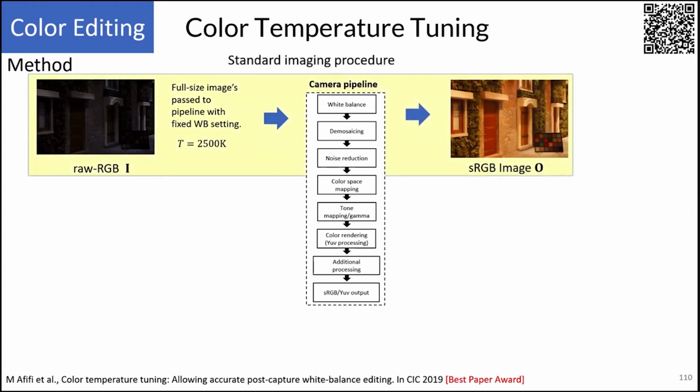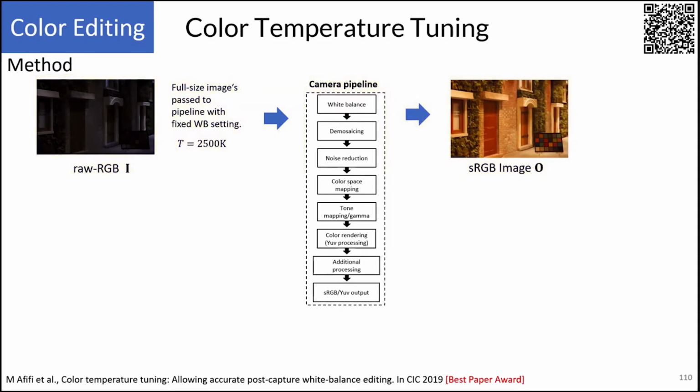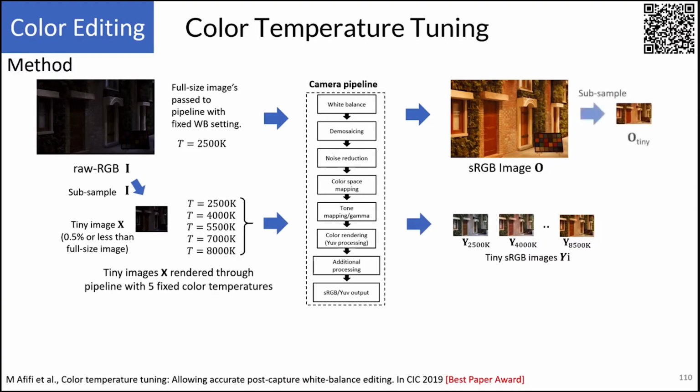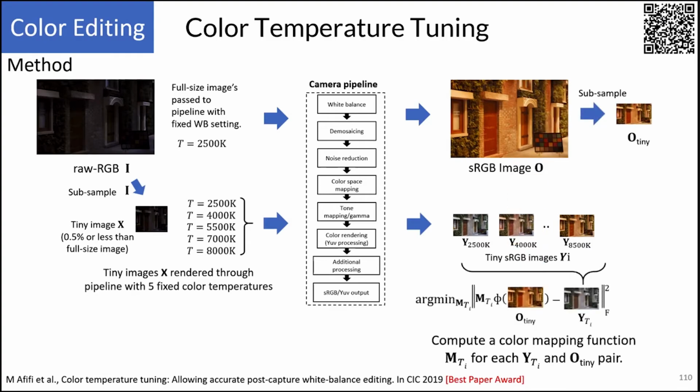So what we proposed is to have a very tiny version of this raw image, almost less than 0.5% of the full-size image, and go with a fixed preset of color temperatures or white balance settings that render this image with the camera pipeline to give the final sRGB versions of this tiny raw image. And then we can simply subsample the original image and do the fitting before releasing the final JPEG file.